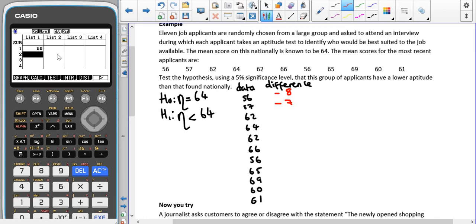So 56, 57, 62, 64, 62, 66, 56, 65, 69, 60 and 61. Just double check that I've put all those in correctly.